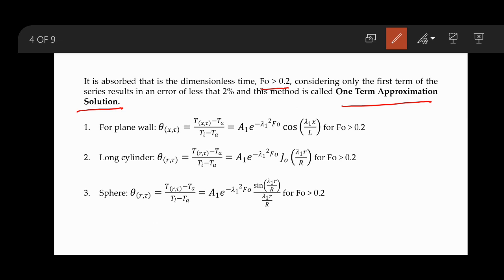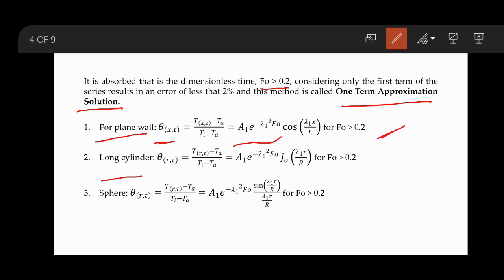When we apply that and simplify, we get for a plane wall the dimensionless temperature, that is T of x comma tau minus Ta divided by Ti minus Ta, equal to A1 into e to the power of minus lambda 1 square into Fo, multiplied by cos of lambda 1 x by L, for Fourier number greater than 0.2.